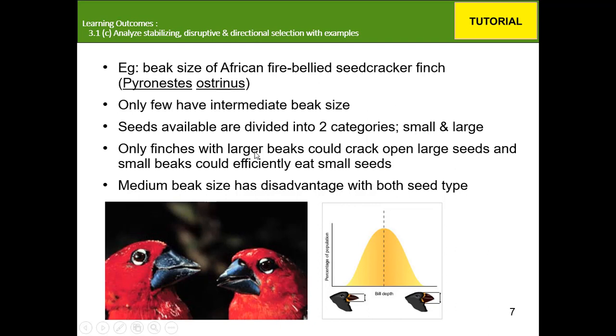Only finches with larger beaks could crack open larger seeds, and small beaks could efficiently eat small seeds. So what happened to the medium beak size? They have a disadvantage with both seed types. So both extreme phenotypes are chosen in the population.